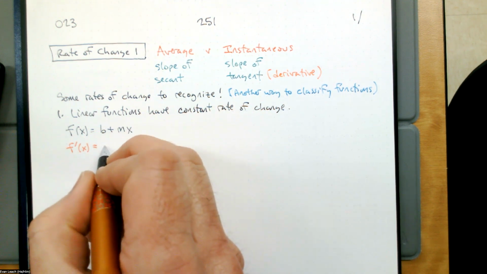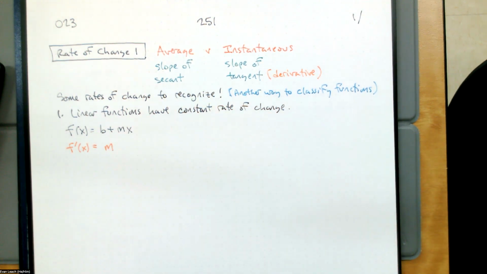So the derivative is just the slope. m is the slope. The derivative of a linear function will just be the slope. There's the constant rate of change. Derivative is rate of change, derivative is constant.